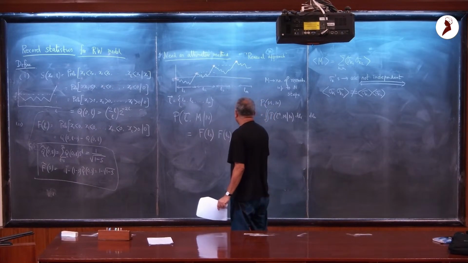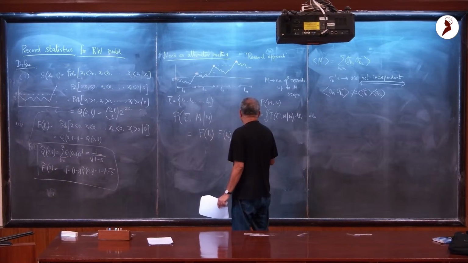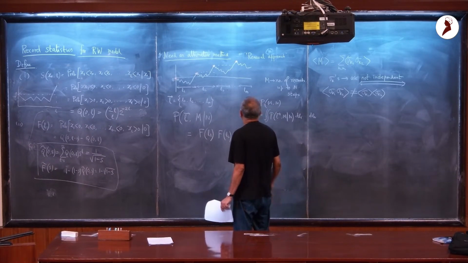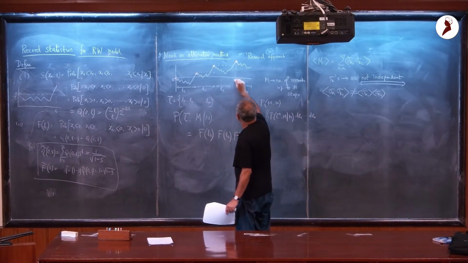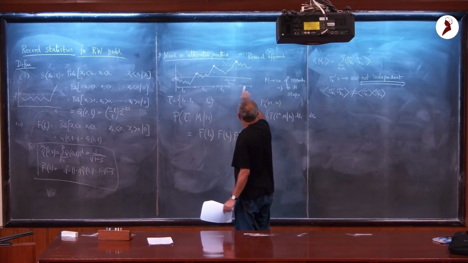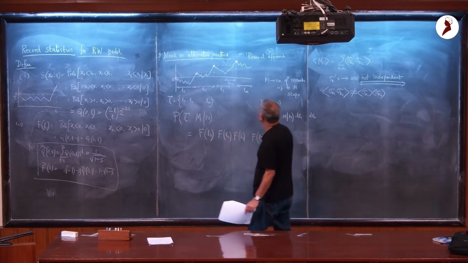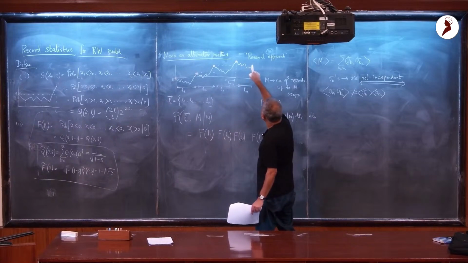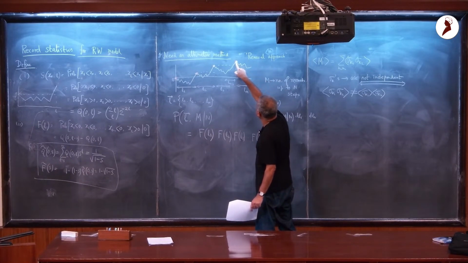So similarly f of L3, and we go up to f of L_{m-1}, except for the last one, which is Lm, because the last one has not crossed yet. This is the last record.